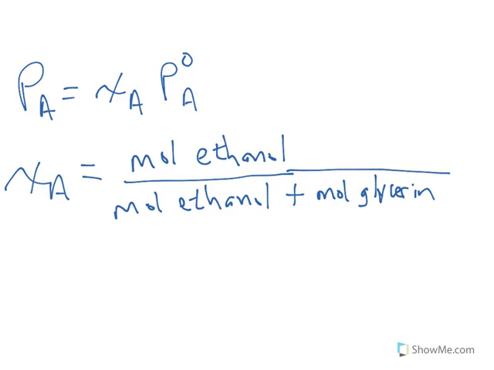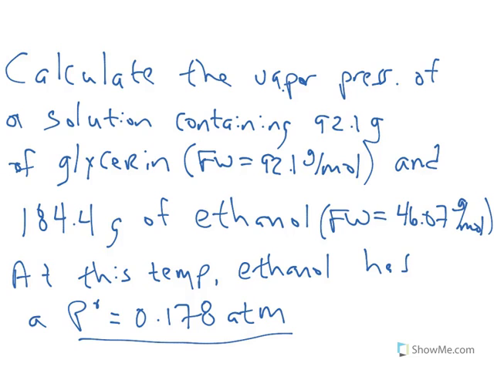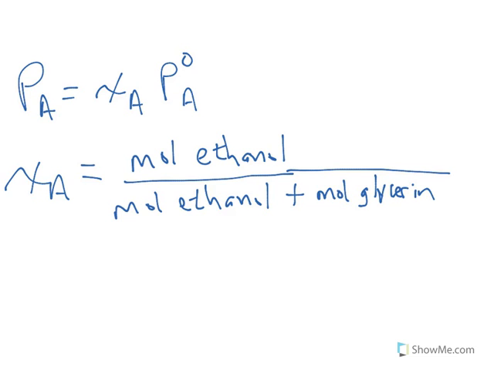All right, so looking back at our problem, we do not have the moles per se. We're only given the masses. So we're going to have to convert the masses to moles, and then we can calculate chi A. The moles of ethanol is equal to 184.4 grams.